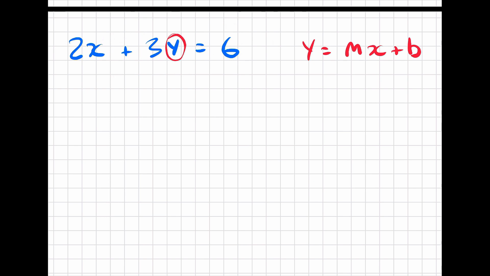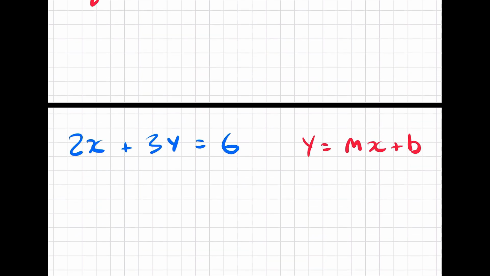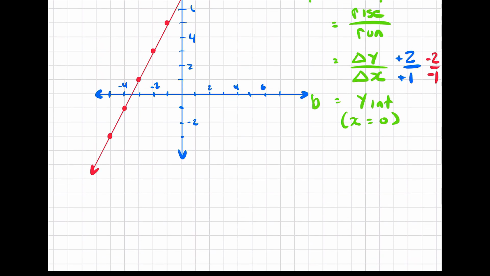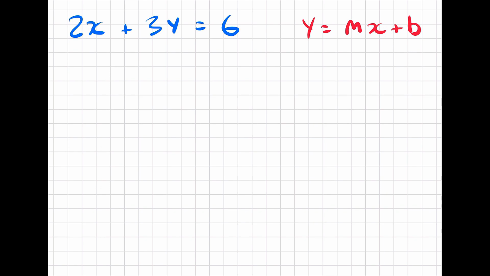Okay, now we still can use this equation in the form that's on the left, even to find the y-intercept. Remember what we said up here, the y-intercept is when x equals 0. So all I'm going to do is substitute the x for a 0. So this becomes 2 times 0 plus 3y equals 6.